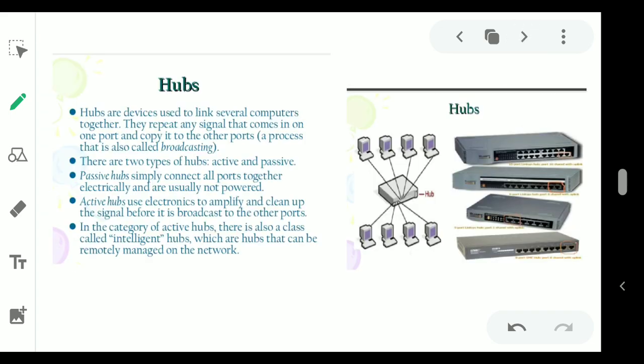Now a different device is the hub. A hub provides a common connection point for network devices connected in a physical star topology. What are its functions? Transmission: a hub receives and transmits data packets.